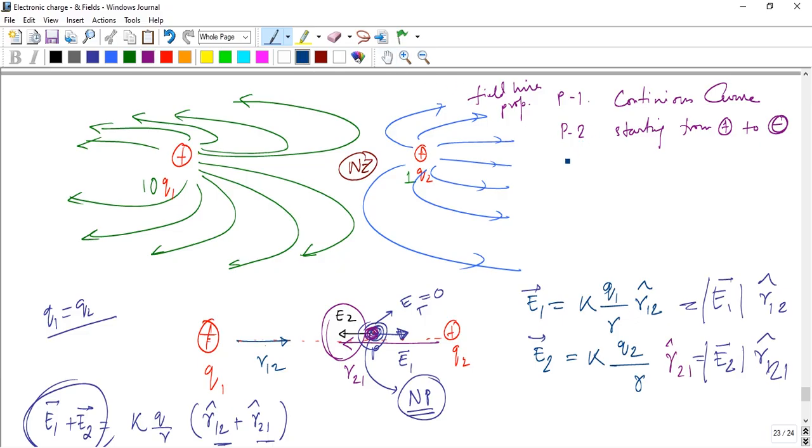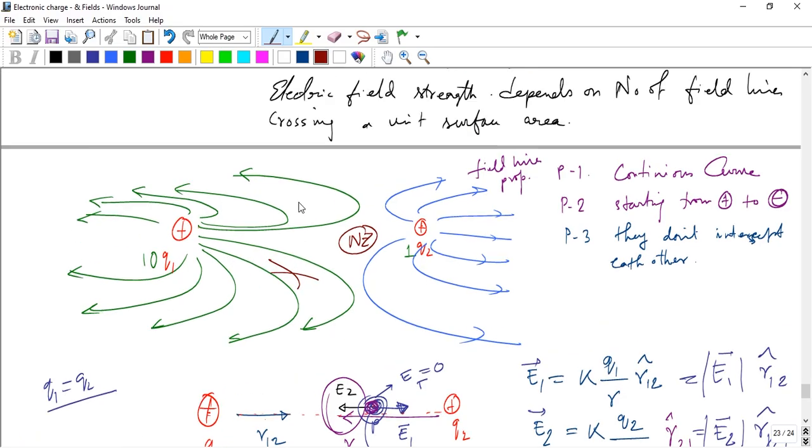Property number 3: field lines do not intersect or cut each other. Why? That's a very important point. Suppose two field lines cut.